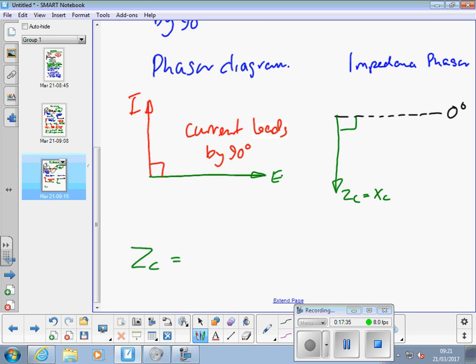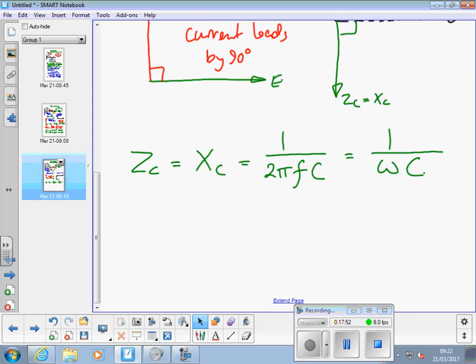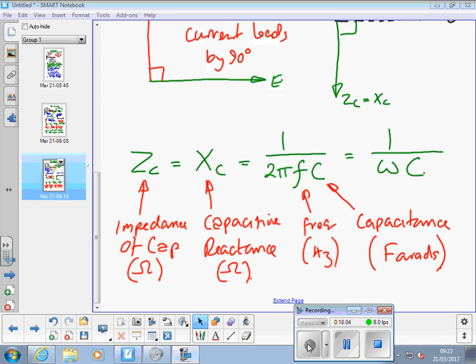ZC is equal to XC, which is equal to 1 over 2 pi FC, or it's equal to 1 over omega C. I won't worry about putting omega on this one because that's the same thing.